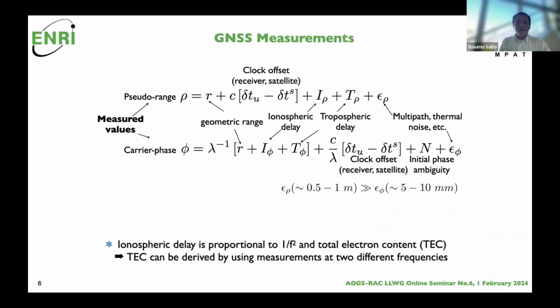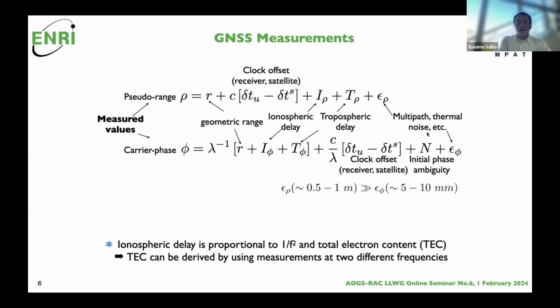And the GNSS measurements include a number of various errors, for example, clock offset, ionospheric delay, tropospheric delay, and multipath or thermal noise, etc. But this also means that the GNSS measurements include information on the ionosphere.